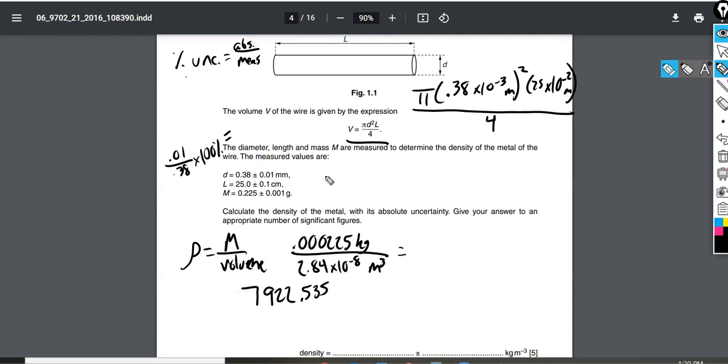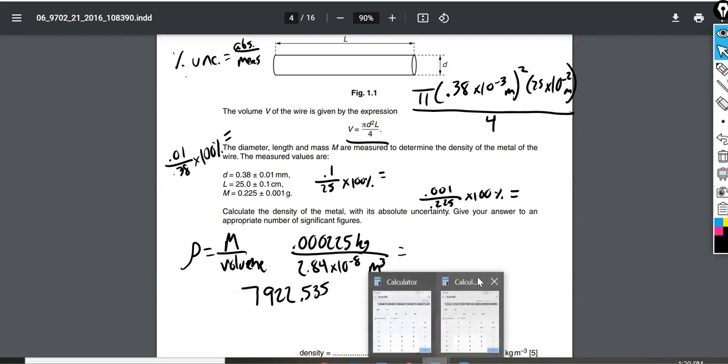So L is going to be what? 0.1 over 25 times 100%. And M down here is going to be 0.001 over 0.225 times 100%, right? And so this will give us the percent uncertainty in each one of the measured values. Let's calculate them all together here.